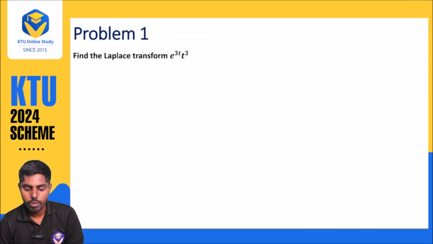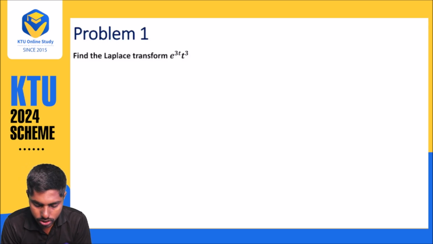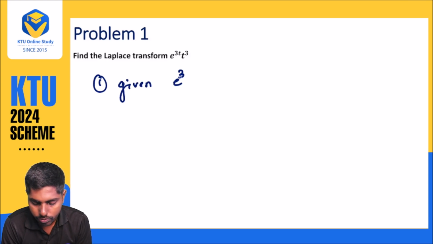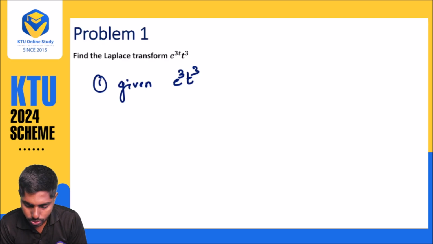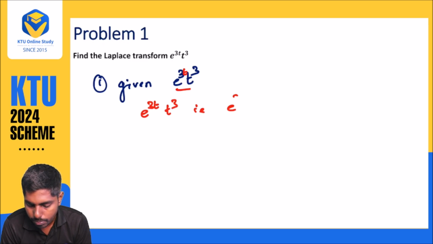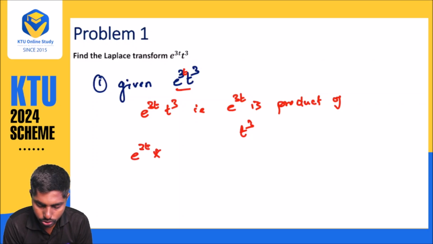Okay. So here, what are the things you want to check? First of all, check the question. What is the thing they have given? They have given e power of 3t into t cube.